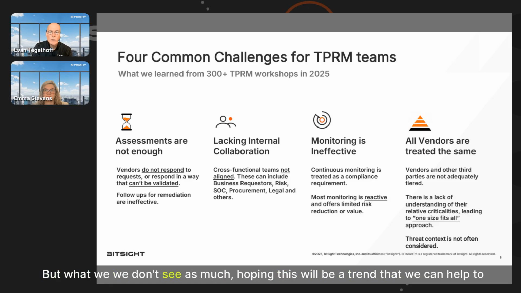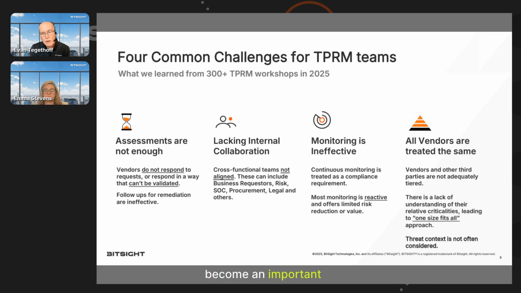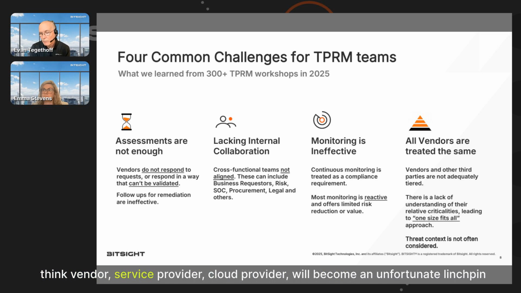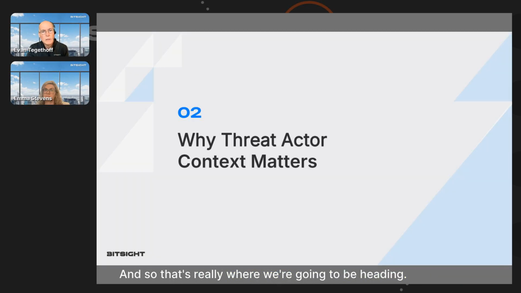But what we don't see as much, and hoping this will be a trend that we can help to lead, is to consider the threat context as part of that, because your vendors, think service provider, cloud provider, will become an unfortunate linchpin sometimes in cyber attacks, incidents, other things like that. And to understand that threat context that either leads to that, understand the threat actors behind it, as well as other nuances of threat intelligence, is really important. And so that's really where we're going to be heading.